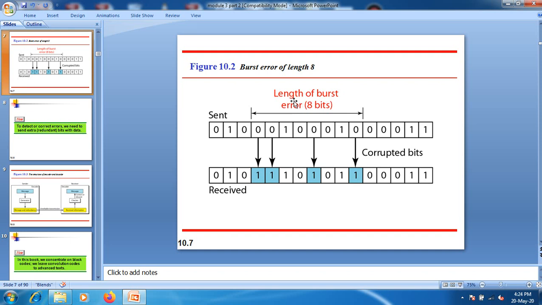The length of the burst error is not defined by how many bits are corrupted. Maybe 2 bits are corrupted, but the length of the burst error is defined from the first corrupt bit to the last corrupt bit. Here 4 bits are corrupted, but the length of the burst error is 8.